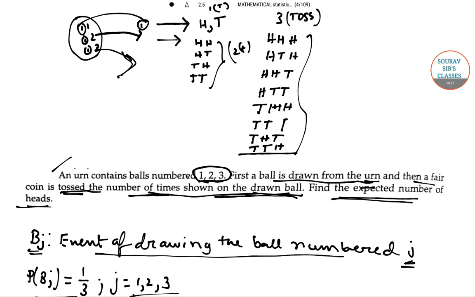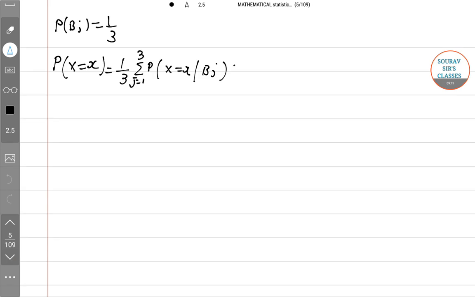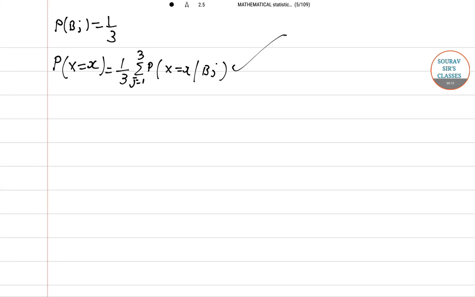Okay, now from here, given this information, we will write down the probability part. Now how do we do it? Now here we already know this.